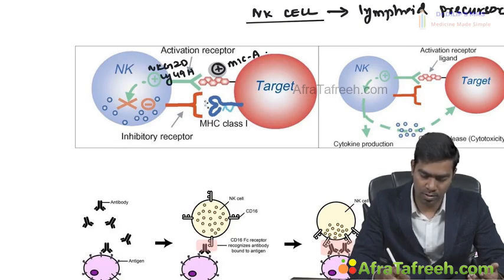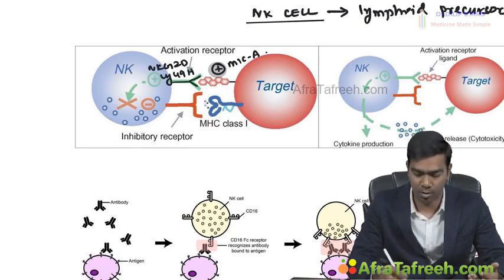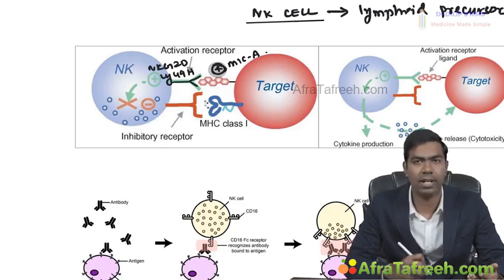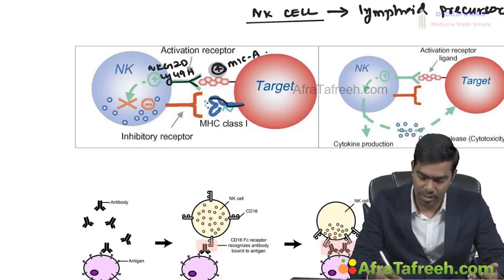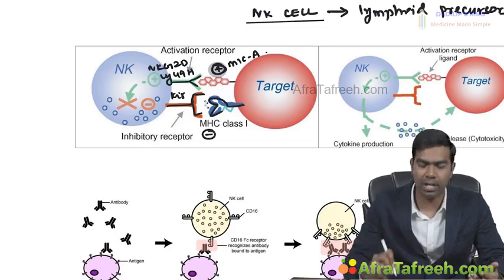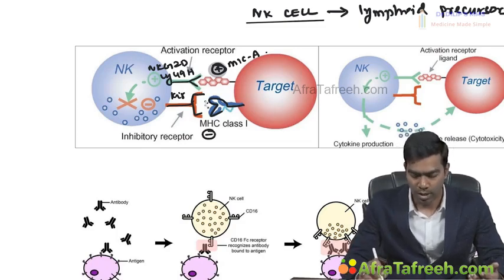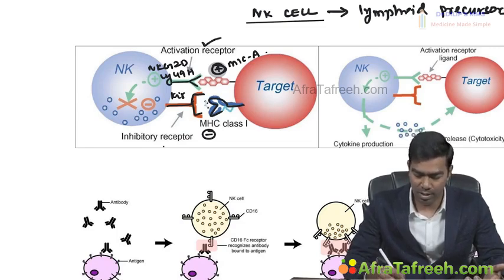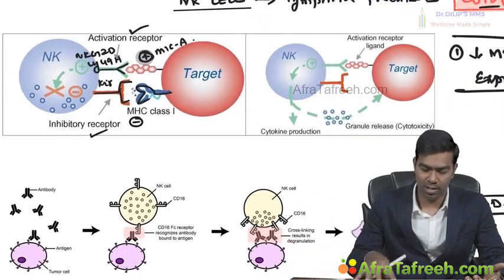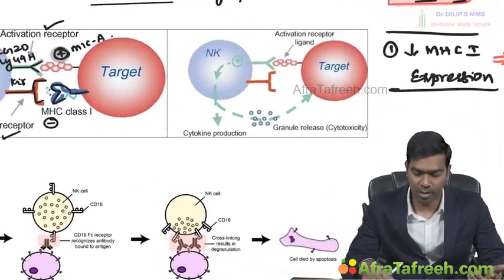We already discussed. So this interaction will typically be an activating interaction. Similarly, the MHC class 1 expression on the target cell and recognition by the KIR receptor will be an inhibitory interaction. Clear? Suppose both an activating receptor and an inhibitory receptor are there, nothing will happen. I'll come back to that in some time.